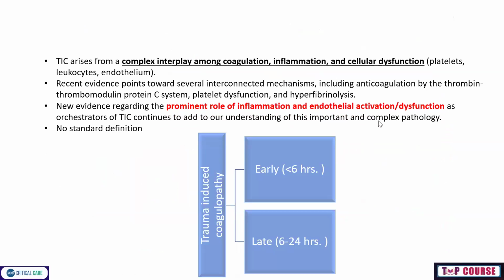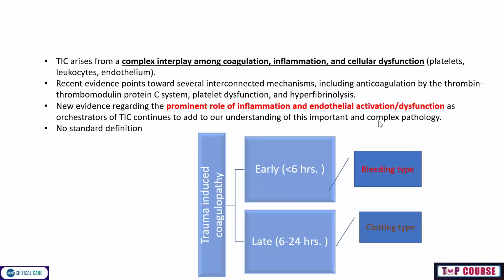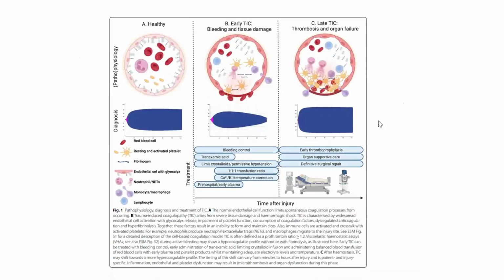There is no standard definition as such for trauma-induced coagulopathy, but majorly it is divided into two types. That is your early trauma-induced coagulopathy, which occurs in less than 6 hours, and late trauma-induced coagulopathy, which occurs between 6 to 24 hours. The early trauma-induced coagulopathy is usually of the bleeding variant, whereas the late one is the clotting type. This figure helps us understand: this is a patient with a normal coagulation pathway.